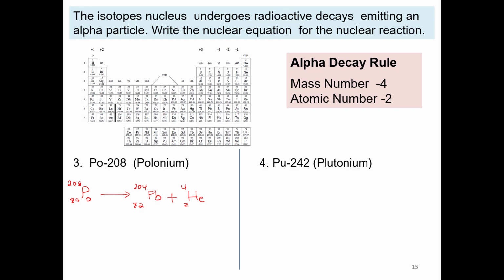Let's try it for plutonium. And we have plutonium 242. Now we know plutonium is 94. It is here. Yes, plutonium is here. It's 94. And now we can write the new equation. This is 94.